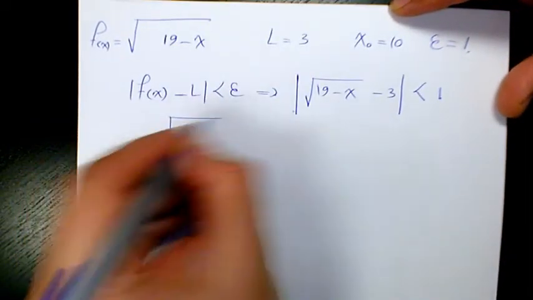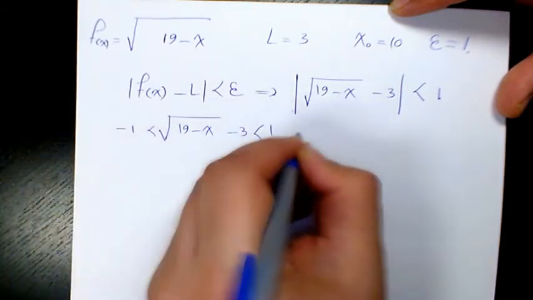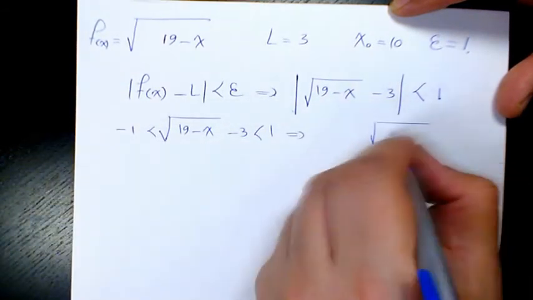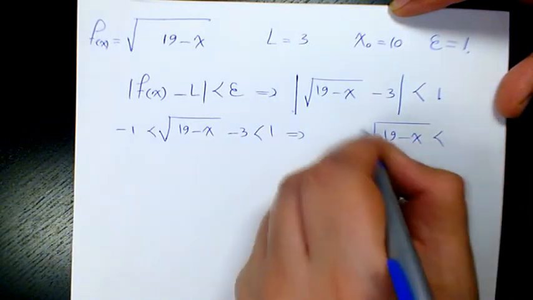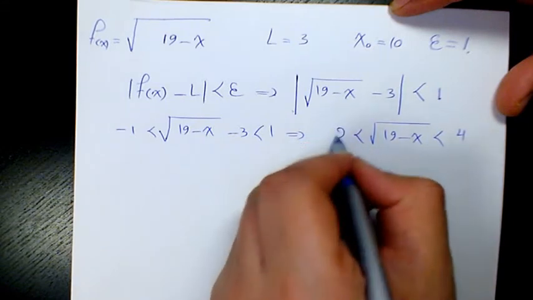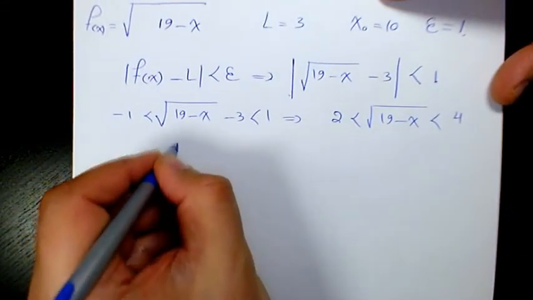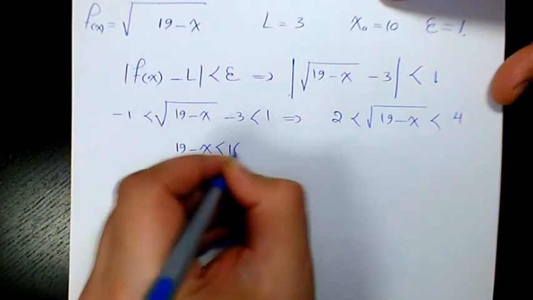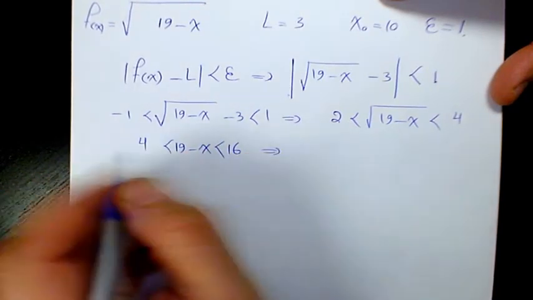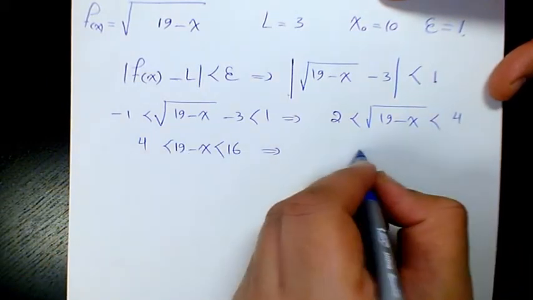So square root of 19 minus x minus 3 is between negative 1 and 1. Then you add 3 to each side. That's going to be 3 plus 1, which is 4, and 3 minus 1 is 2. Then we square them. We have 19 minus x, 16, 4, and we reduce all of them by 19.